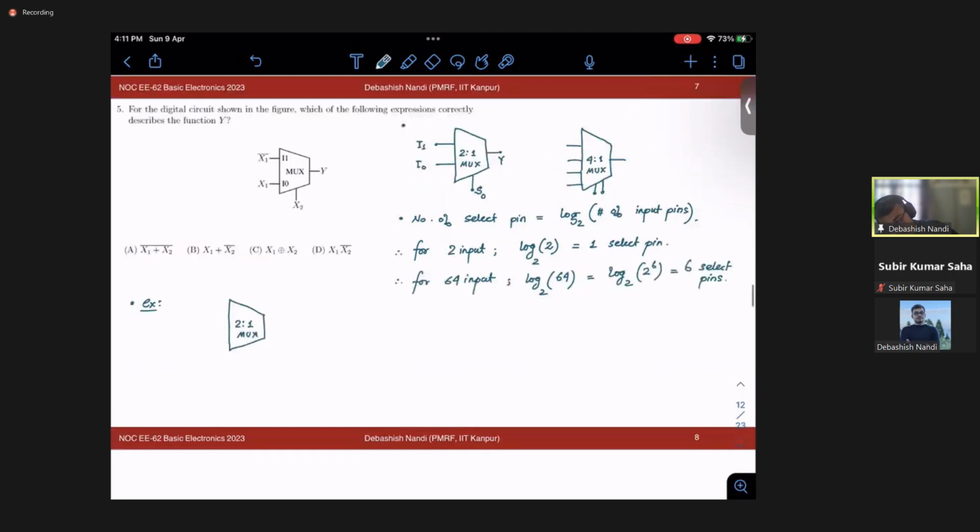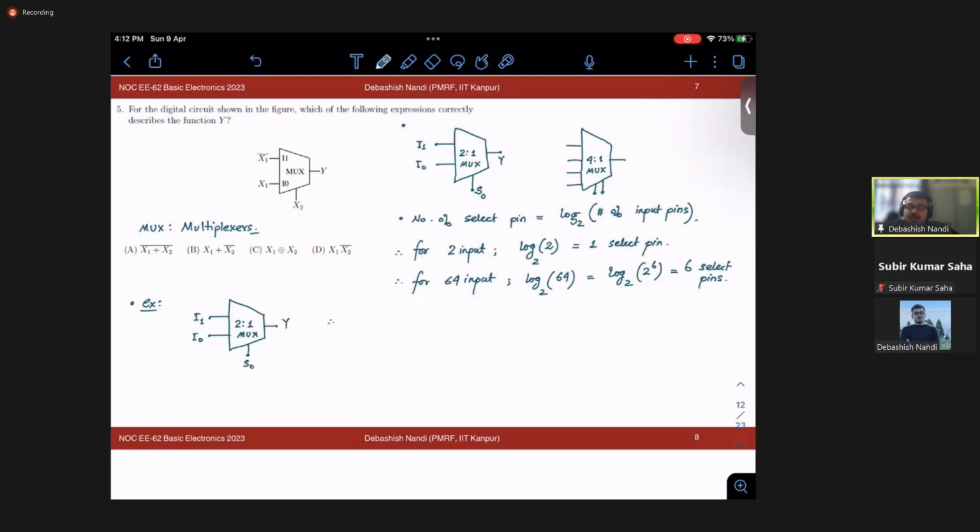By the way, mux stands for multiplexer. So let's say this is your I1, this is your I0, this is your S0. Okay, this is your Y.